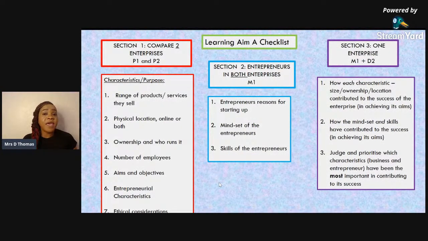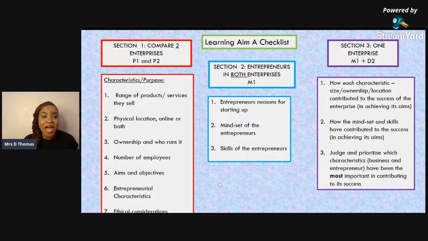The Learning Aim A checklist. So for section 1, P1 and P2, the characteristics and the purpose: the range of products or services they sell, the physical location, online or both, ownership and who runs it, number of employees, aims and objectives, entrepreneurial characteristics, ethical consideration.